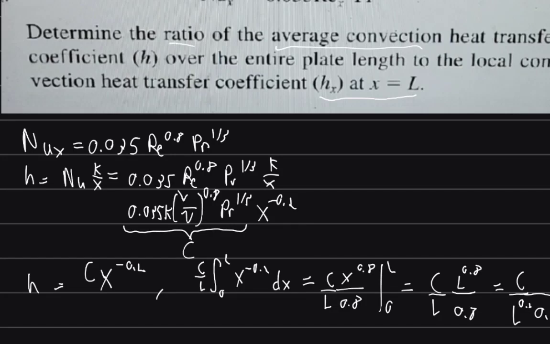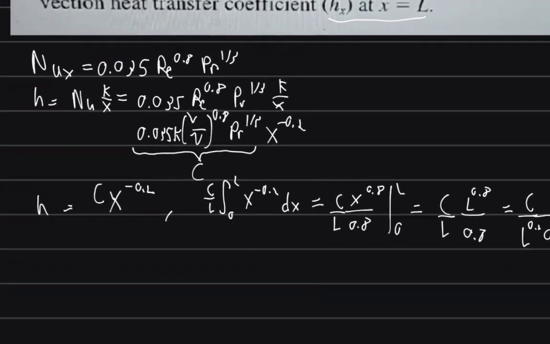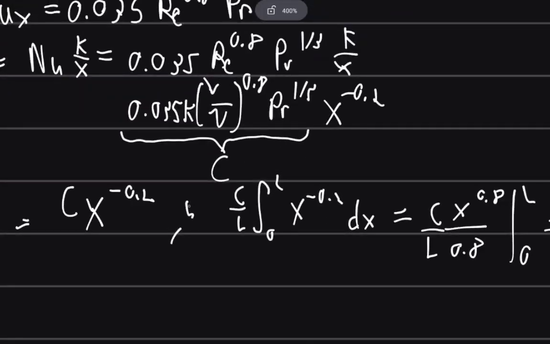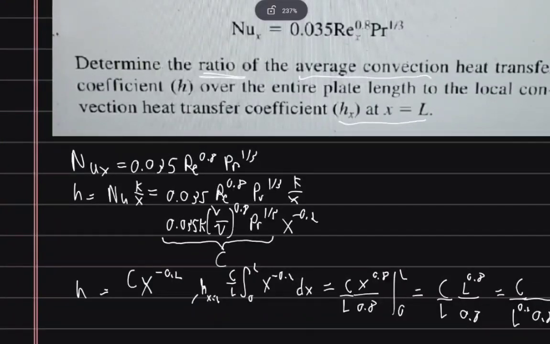So we need the ratio. We have our average h, and we have h at x equal to L. What goes on top? The average on top and the other one on bottom?